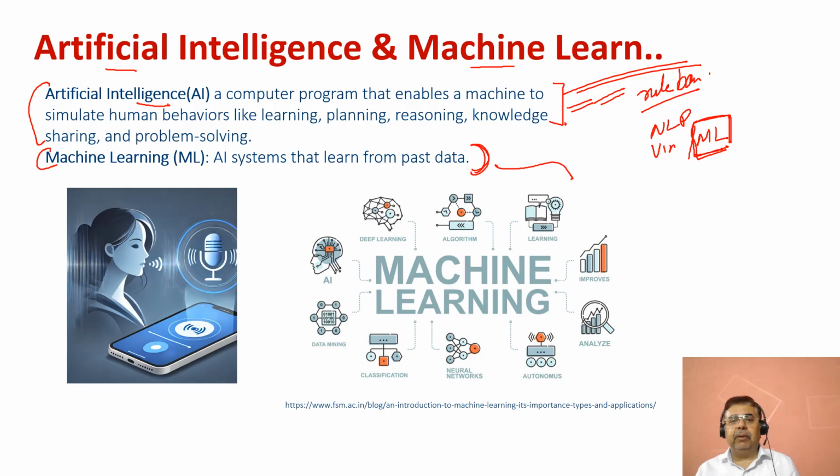One example we can have here is email spam filters that learn from thousands of emails. That is just one example. So clearly, machine learning is a subset of artificial intelligence.